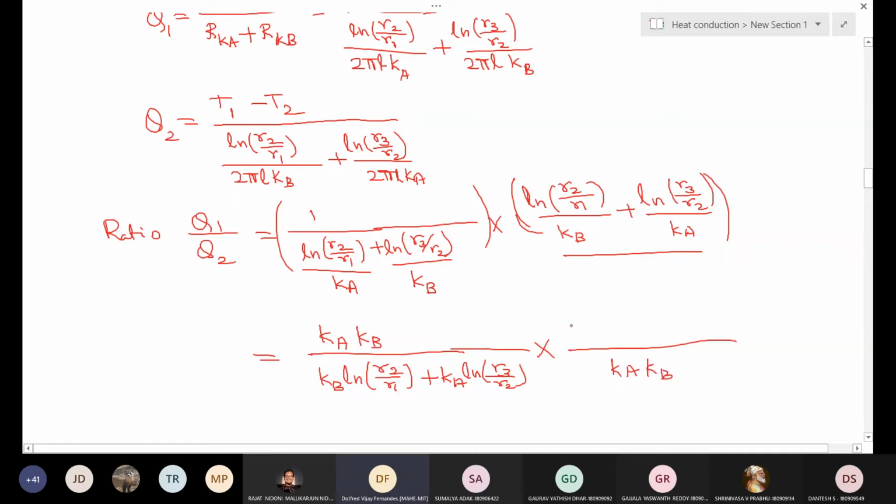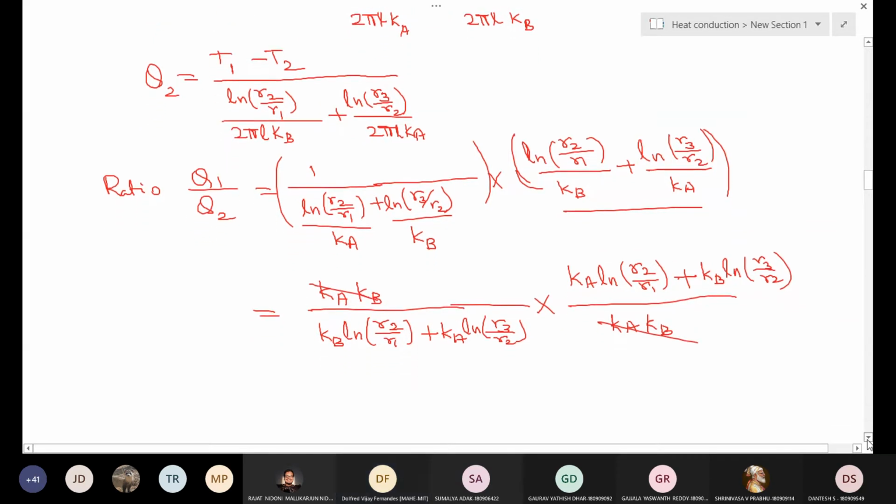Okay. So this will be Ka ln R2 by R1 plus Kb ln R3 by R2. Okay, so this will cancel out here and we have a simple equation to solve.